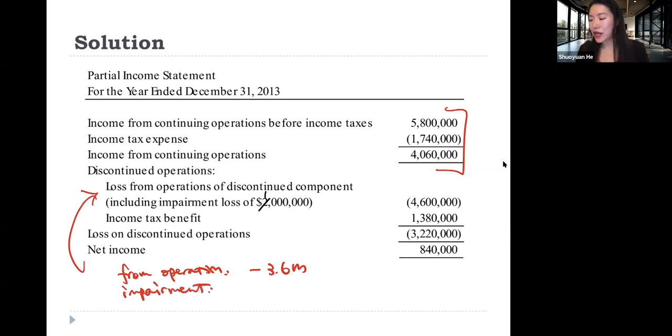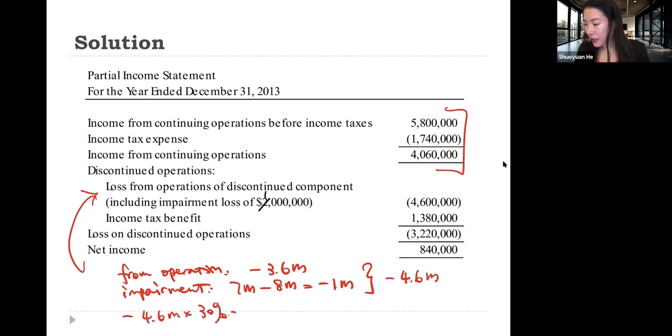So in this situation, 7 million is what we expect to get from disposing this operation, but the book value is 8 million. So the difference is 1 million, and we need to recognize it immediately. So the total is negative 4.6 million. And then negative 4.6 million multiplied by 30% is going to give you 1.38 million.